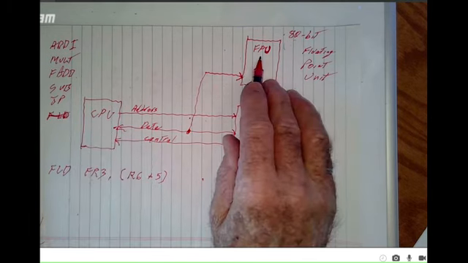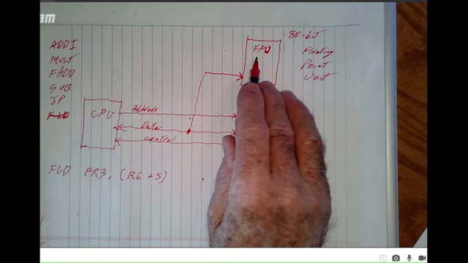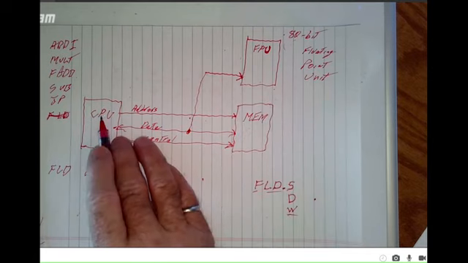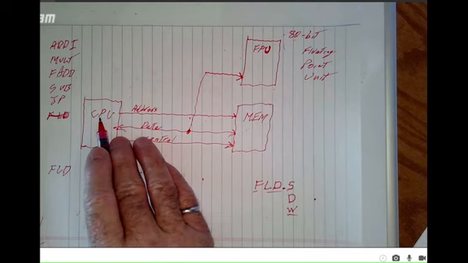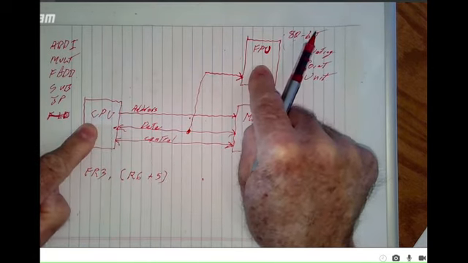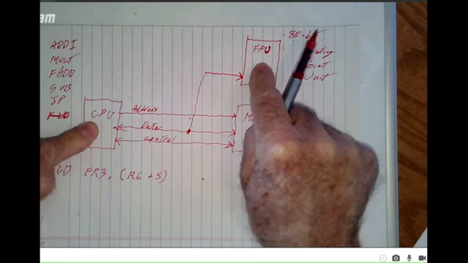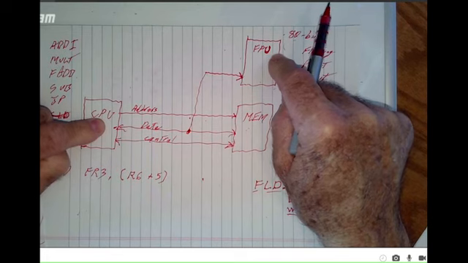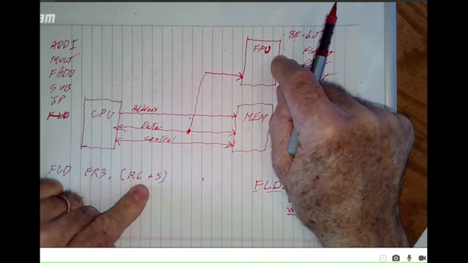But the floating point unit will. See, this guy loaded that same instruction at the same time the CPU did. So now both of these are looking at exactly the same instruction. They each know how it works. The CPU is responsible for fetching the data.